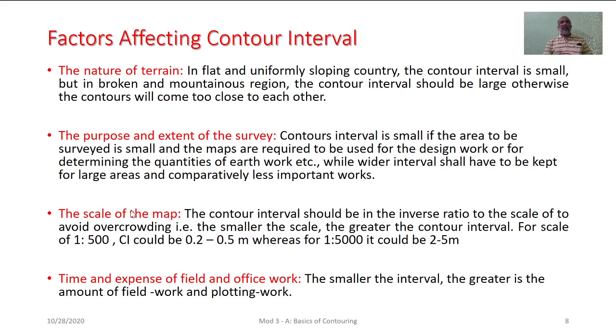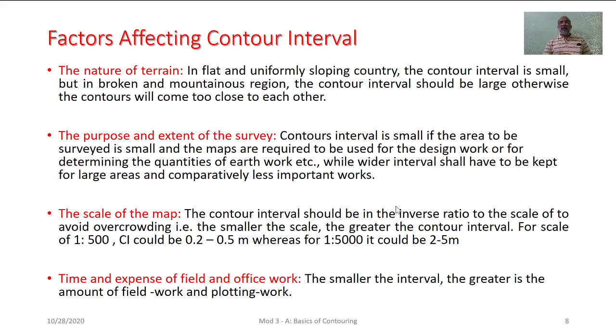Also, we can think of the scale of the map. Again, as we discussed previously, steep slopes will be represented by contour lines which are placed very close to each other, whereas for flat and uniformly sloping ground, the contour lines will be placed at some larger distance with respect to each other.